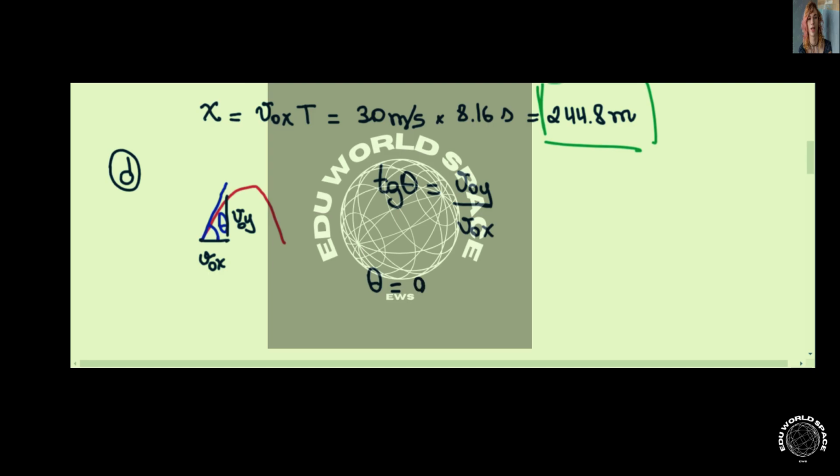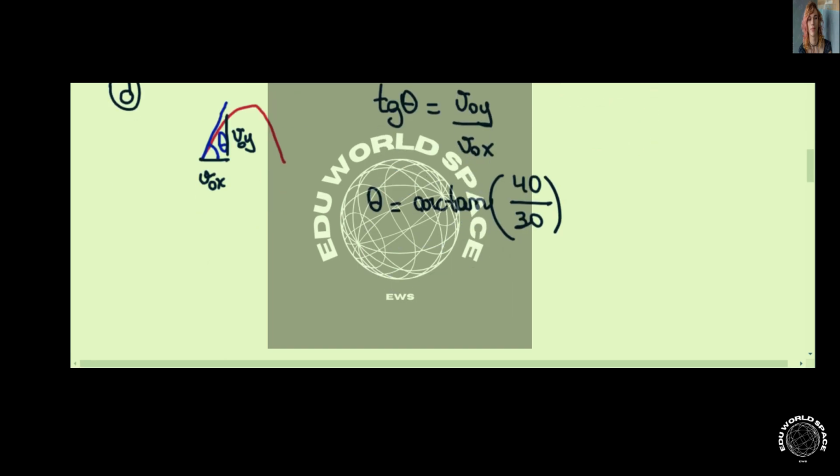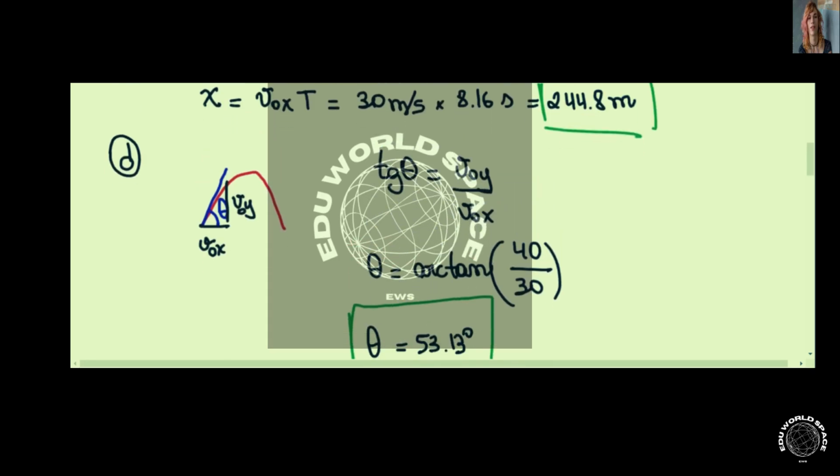So theta is the arc tangent of v0y, that's 40 meters per second, divided by v0x, which is 30. So theta is equal to 53.13 degrees. This is the answer to question D.